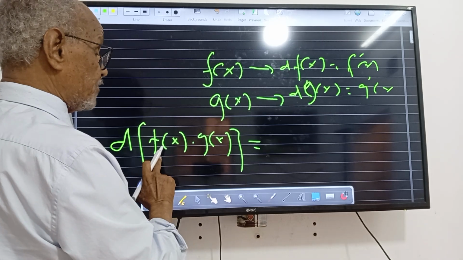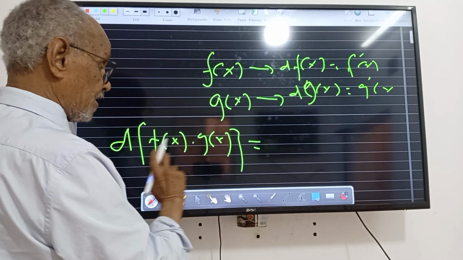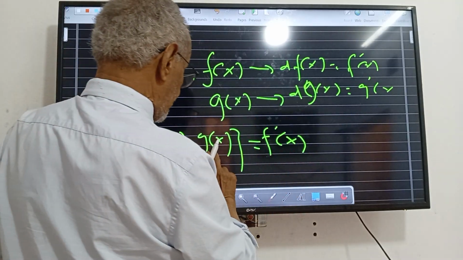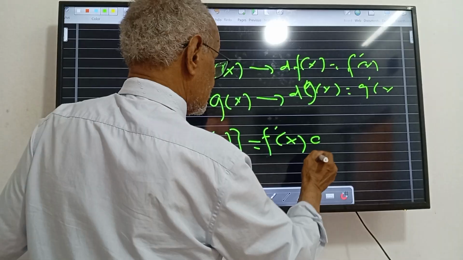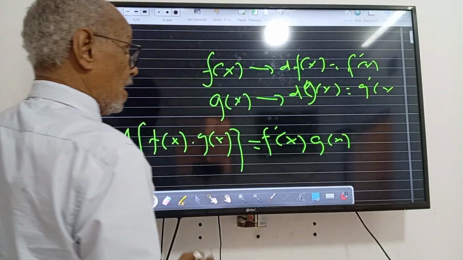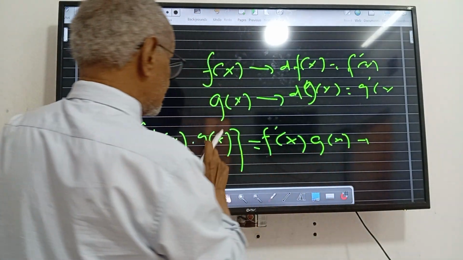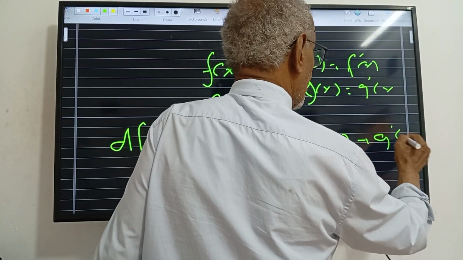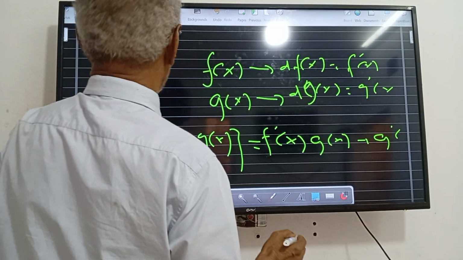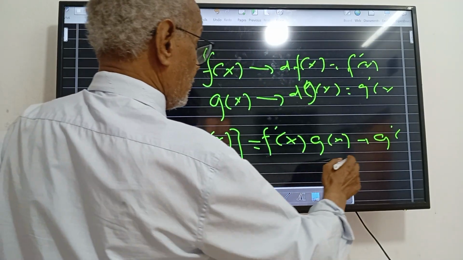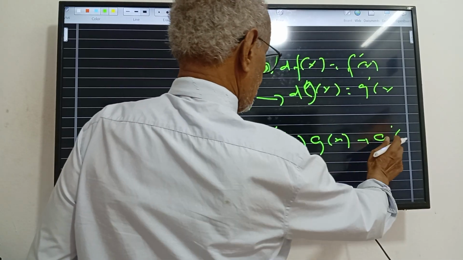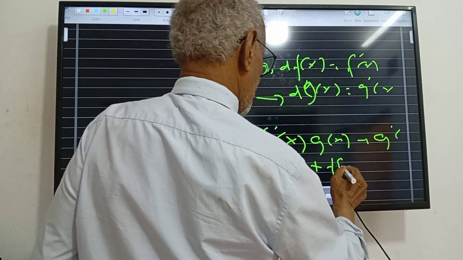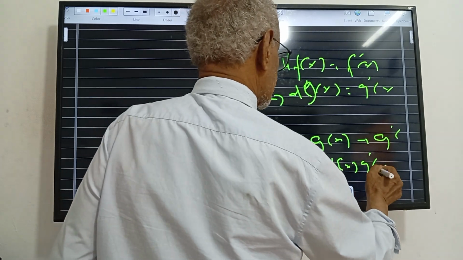You have to differentiate the first function, so this will be f dash of x, and g of x as it is, plus, this time you have to differentiate the second one, so f of x times g dash of x.